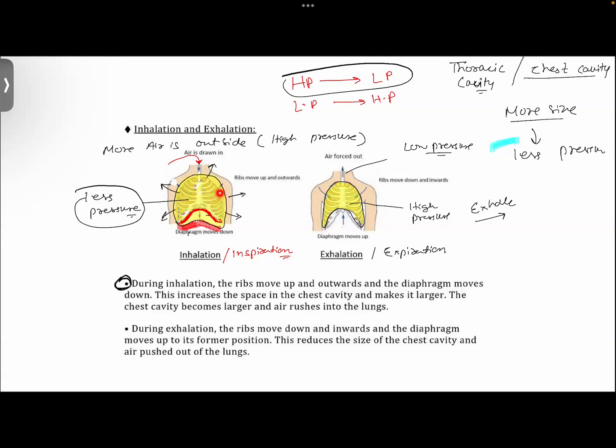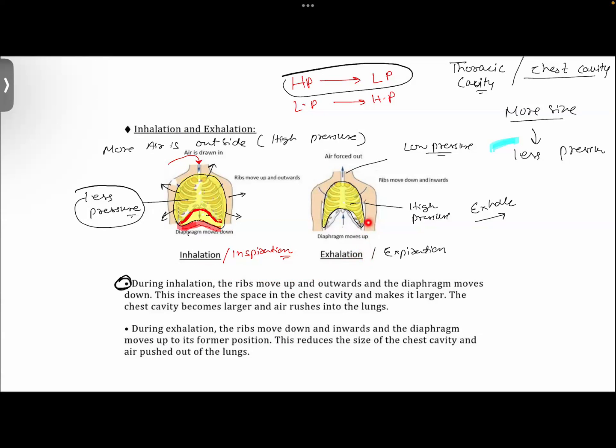As compared to our body, the pressure outside the body is high, while inside the chest cavity the pressure is low. Because of this pressure difference, air moves in. That is what happens in inhalation.